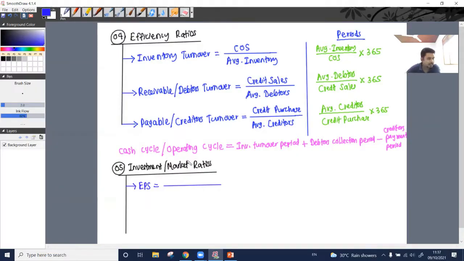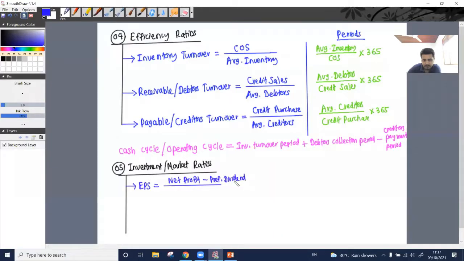How to compute earnings per share? We have discussed this in detail. From net profit, we deduct what? If we have paid any preference dividends, we need to deduct that.